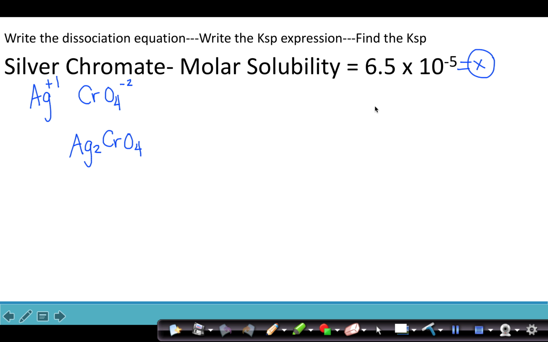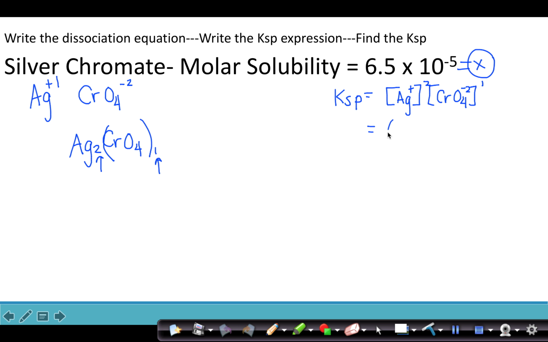And when we crisscross and drop the signs, we get Ag2CrO4. I can go directly from this expression and then say that that's going to be Ag plus squared CrO4 2 minus to the first because of this subscript and because of the fact that that's an understood subscript of 1.